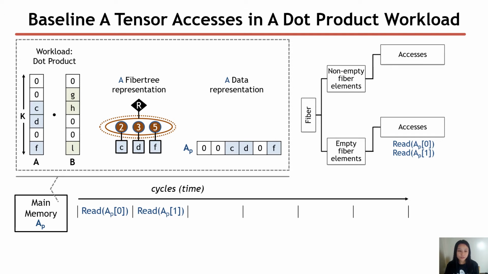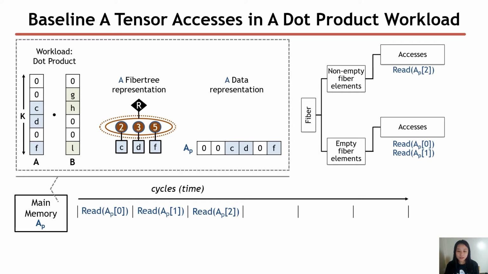The second read is the read to the second position in the A payload vector. Again, because your second position has a 0 value, which is not present in your fiber tree representation, this access is again an access to an empty fiber element. And the third access is not different. It's an access to the third element in the payload of A, which is the C value that we see here.